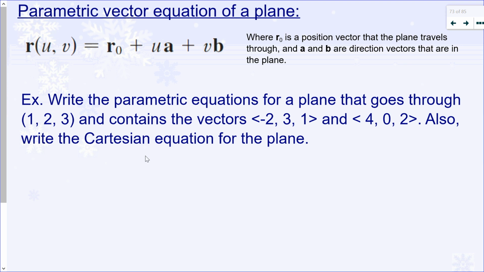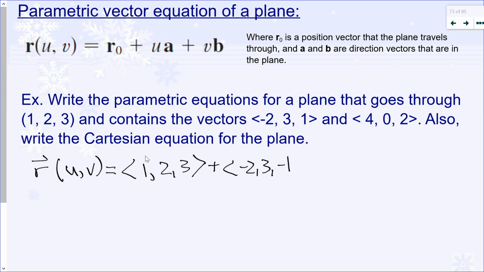So the parametric equations, if I want to write it in vector form, r of u comma v would equal the position vector, which is just (1, 2, 3), because any point can be written as a position vector, plus one of the direction vectors times u, plus the other direction vector times v. So that is the vector valued equation of the plane.